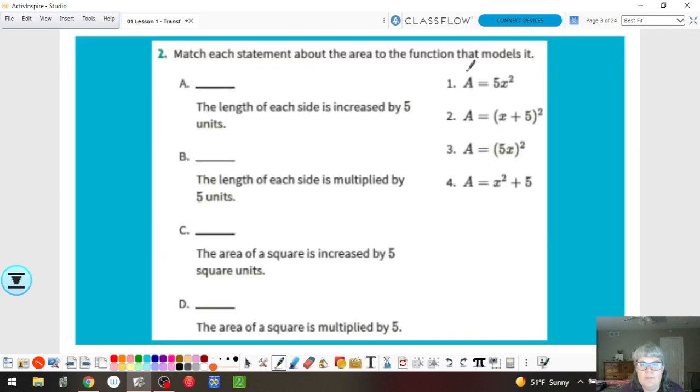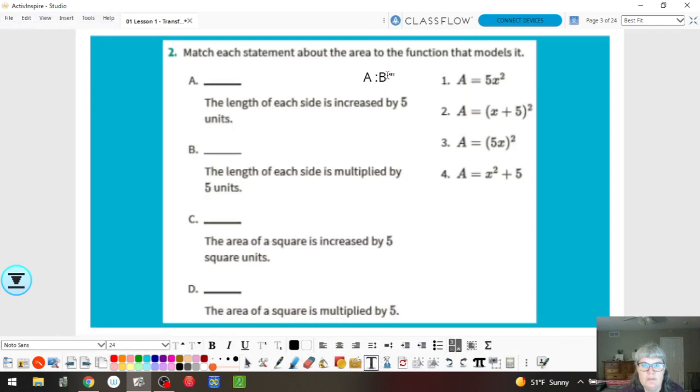Here we're going to match some other area equations with these statements about how the area is changed. So just keeping in mind that area equals x squared, we're going to write this again, and I'm actually going to try typing it.